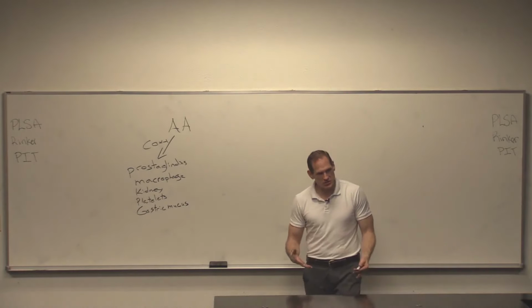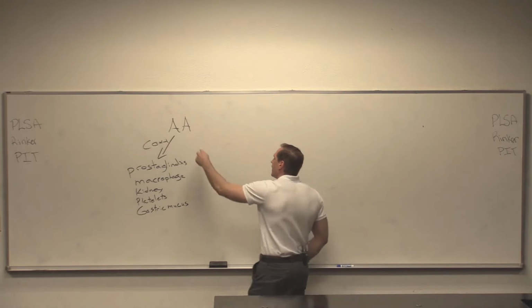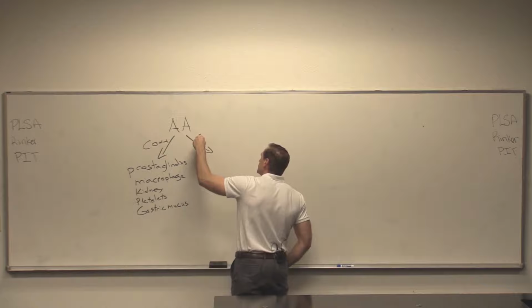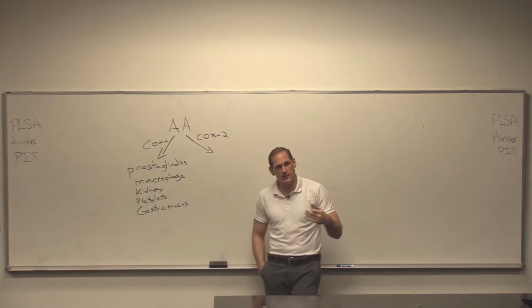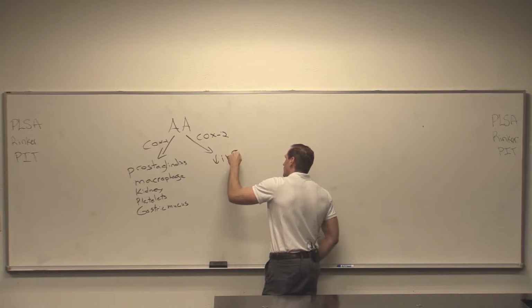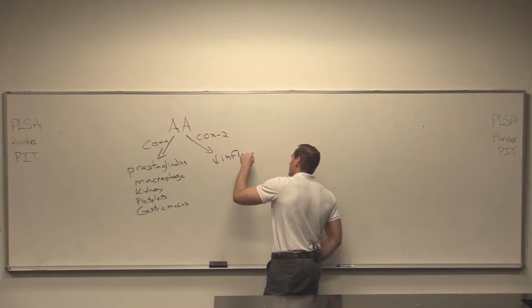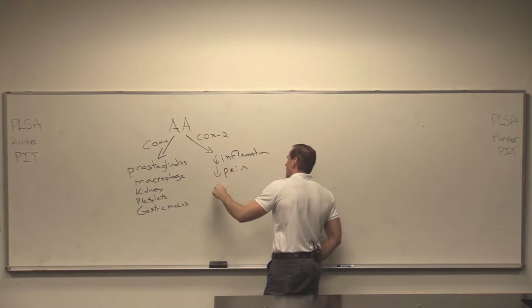When you have inflammation, though, there's a different kind of COX that is released, and that type of COX is called COX-2. And that causes a reduction in inflammation, which also results in lowered pain and lowered temperature.